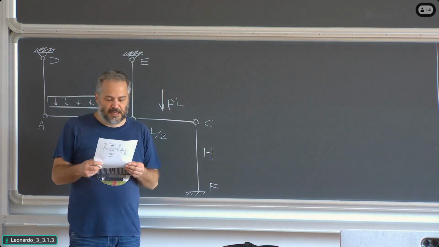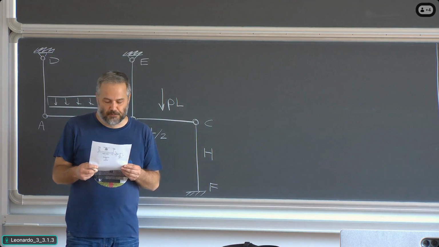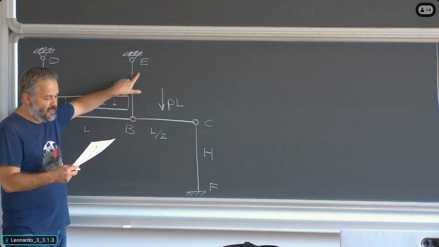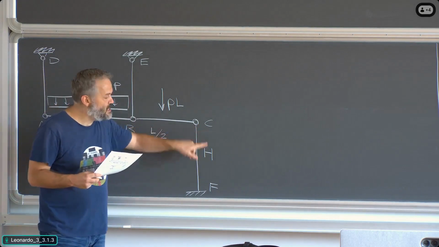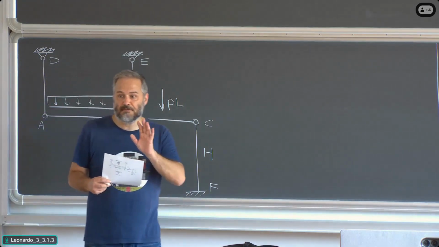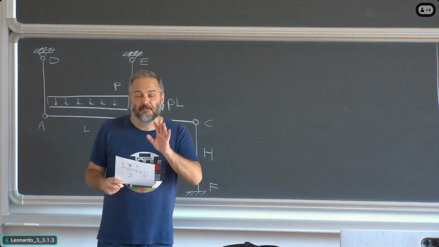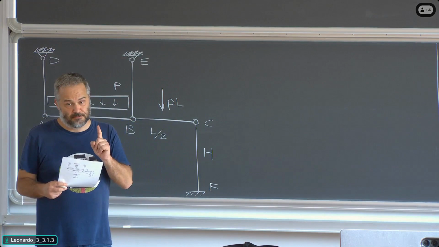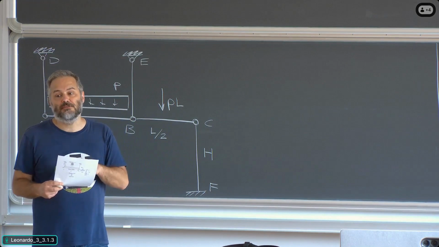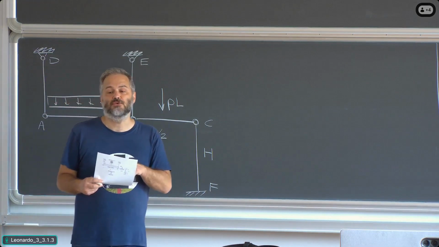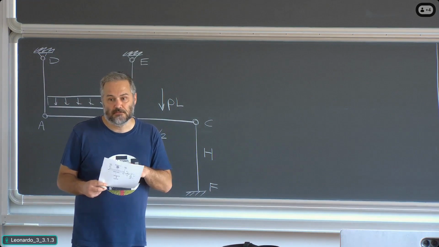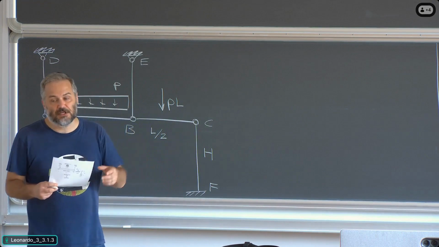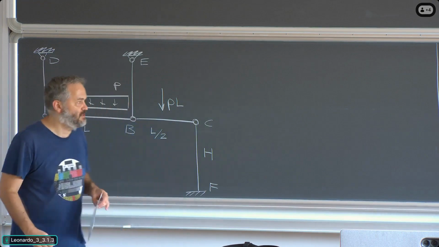Then it was written that these 2 beams are supported by 2 ties, AD, BE, and a column CF. So, what should we expect? If a member is a tie, it means it is subjected to tension. If we call it column, we expect it to be subjected to compression. Okay? This should be found in the solution by means of numbers.